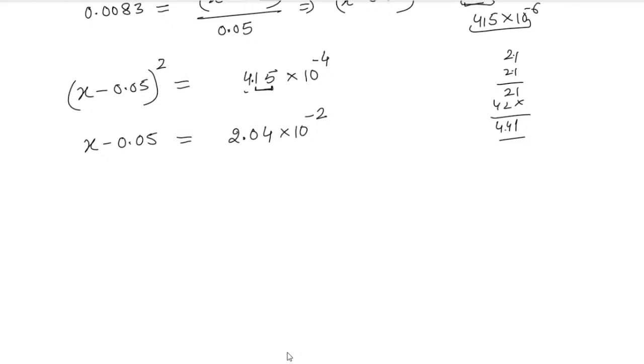So take it as 2.0 something into 10 raised to power minus 2, because it is somewhat greater than 2; if it were 2, it would be 4, but it is 4.15. It lies between 2.0 and 2.1, and is close to 2.0. The value should be less than 2.05, so I took it as 2.04.